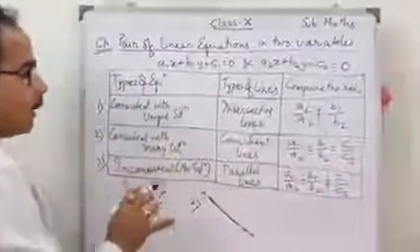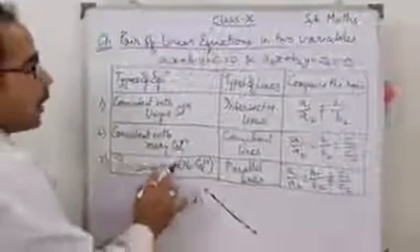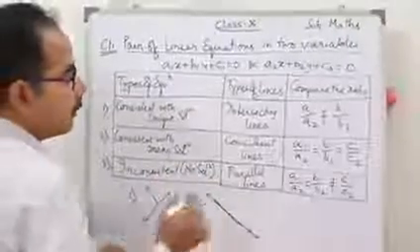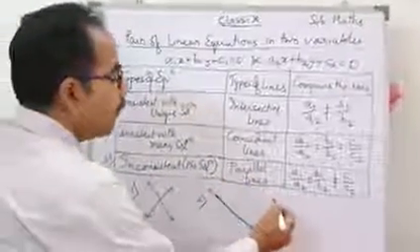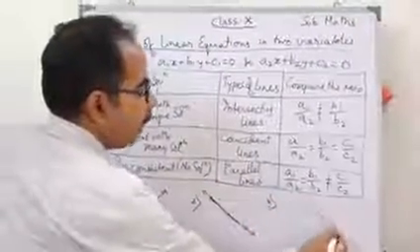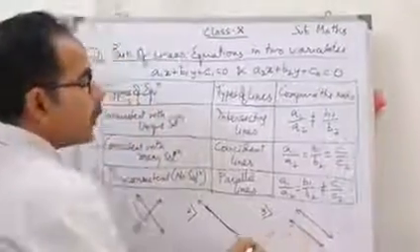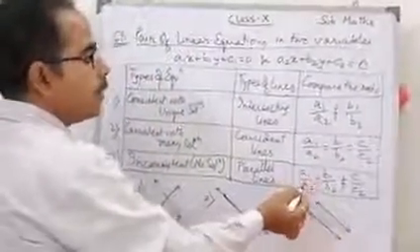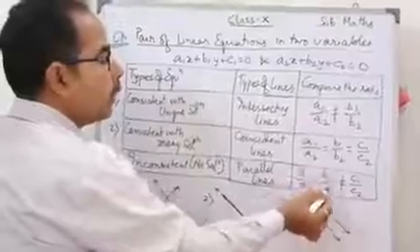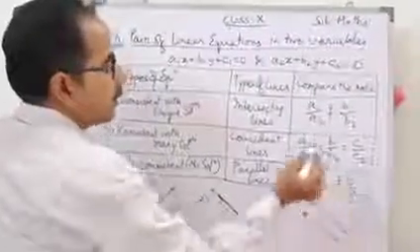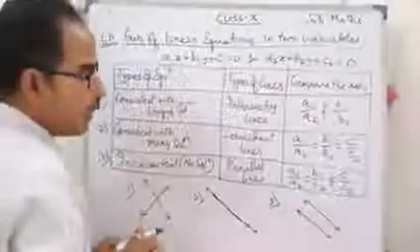And the third and last one is inconsistent, where there is no solution and we get parallel lines. Suppose this is one line and this is the other line, which are parallel, where a1 by a2 is equal to b1 by b2, not equal to c1 by c2. I hope it is clear, students.